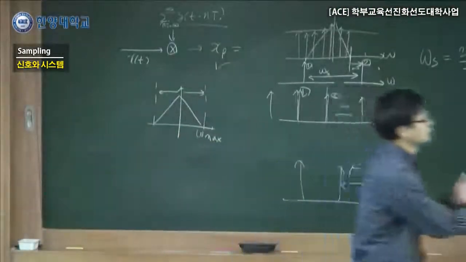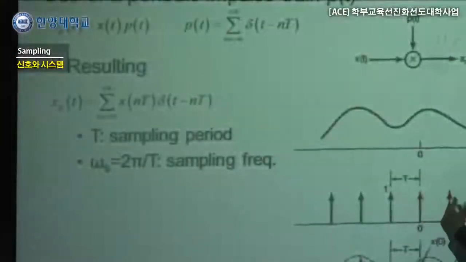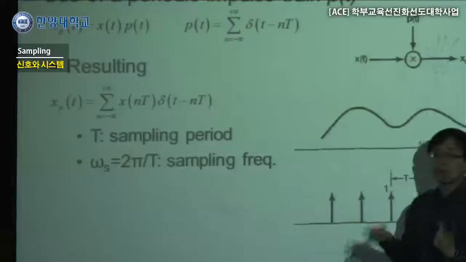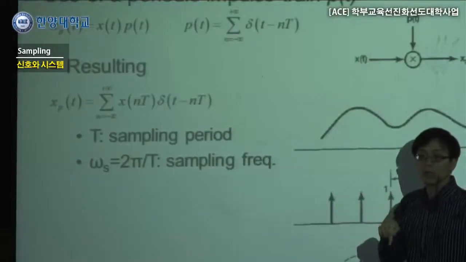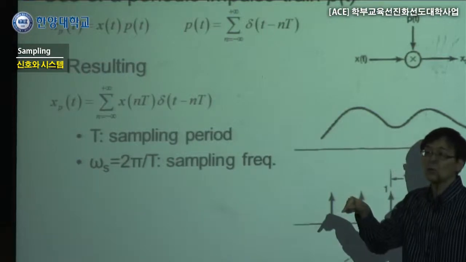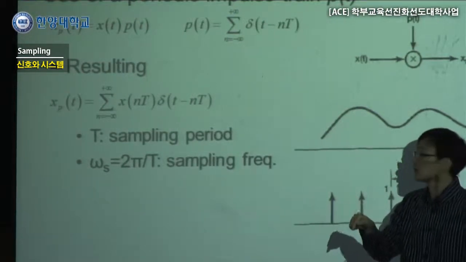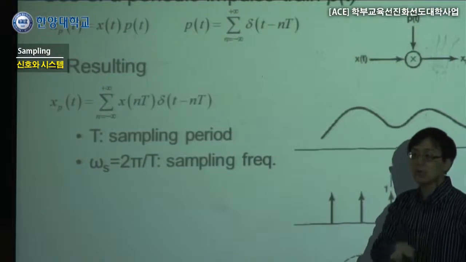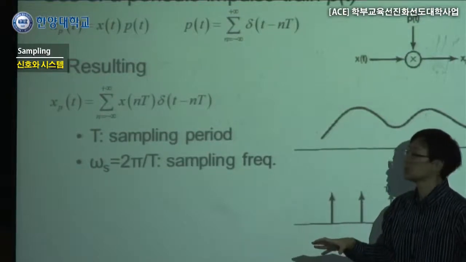In here, they are spaced by t. The reverse of t is frequency, f. 1 divided by t is frequency f. If you change f to omega, you should multiply by 2 pi to change from hertz to radians per second.